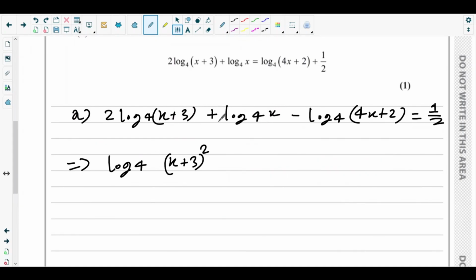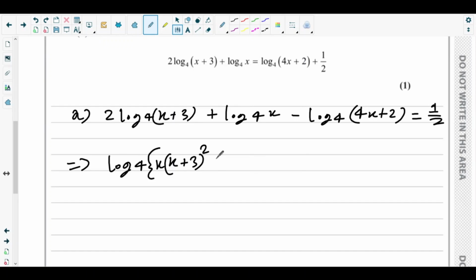And the first two terms have addition between them, right? So for addition, what we know, the two terms get multiplied, right? And then the third logarithmic term has a negative, it is in subtraction with the first two terms, so it will be in division, right?